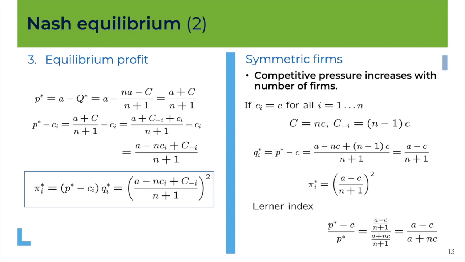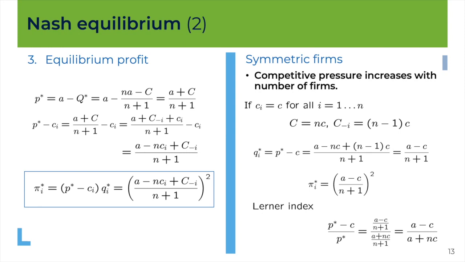It means that if you compare two industries which differ just by the number of firms, the industry with the largest number of firms will have at equilibrium lower profits for each of these firms and a lower market power. So as you increase the number of firms, you decrease the market power of each of them.